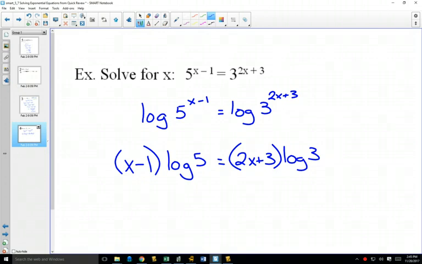Log 5 is a number. Log 3 is a number. What can you do when you have a number outside of brackets? You can distribute. And we're going to talk about this because it's going to come up later. You can't distribute a function, but you can distribute a number.